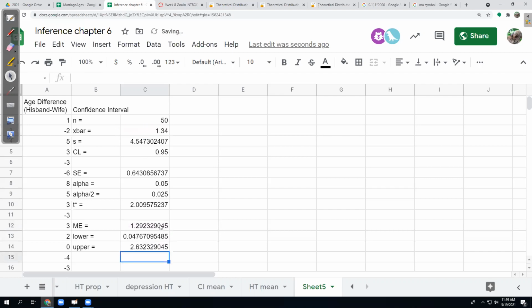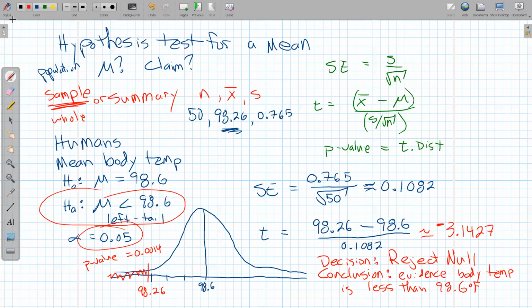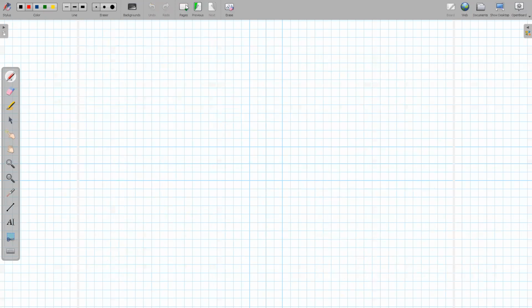Okay, so what we think is we are 95% confident that on average, the husband is about 0.05 years older up to 2.6 years older than the wife. Let's write that down.